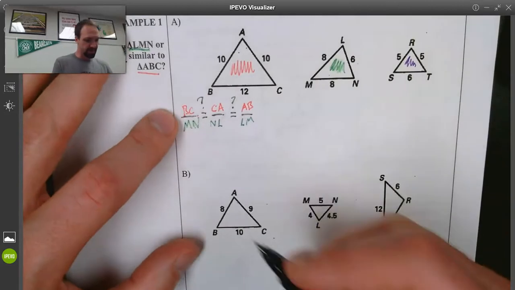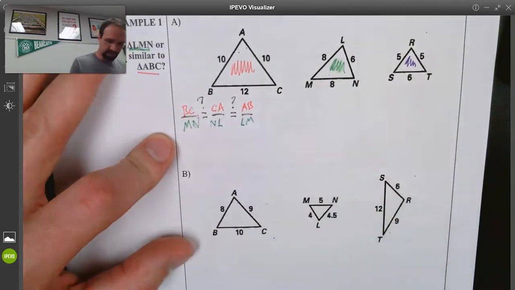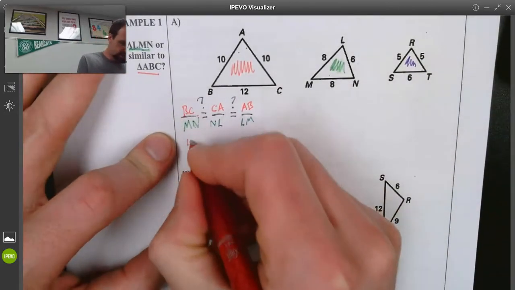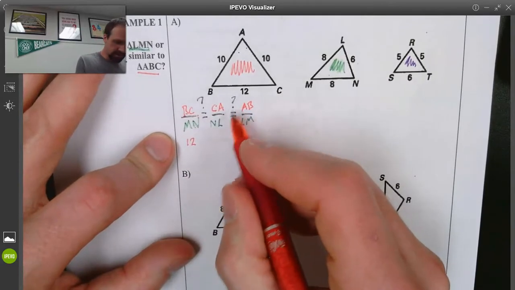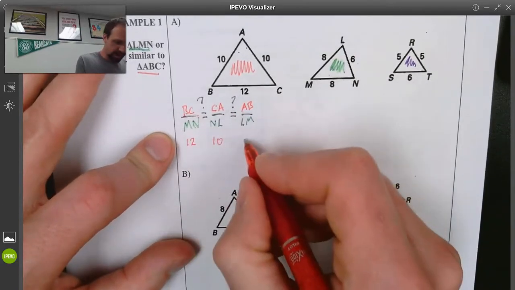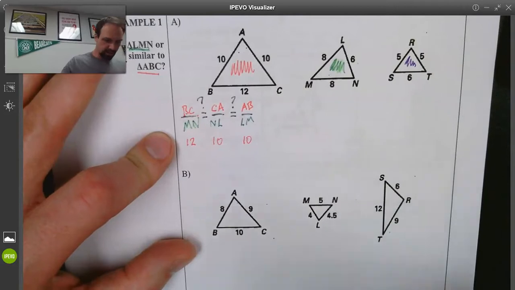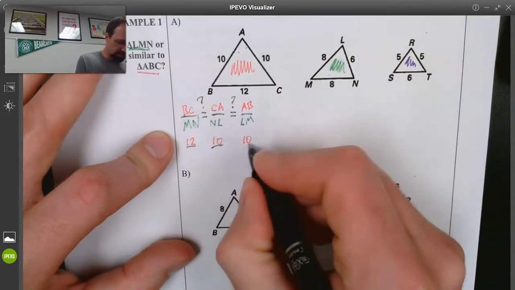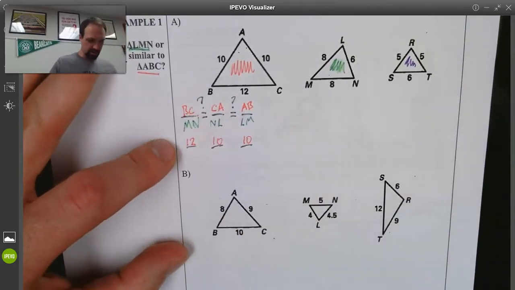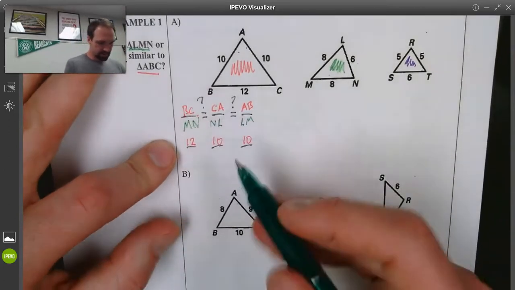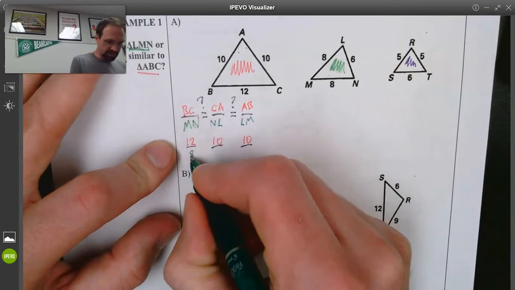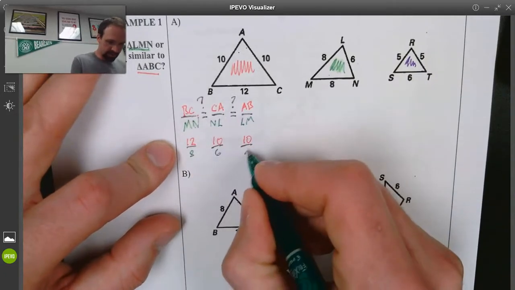So let's see, B to C, so that's going to be 12. C to A is 10, and then A to B is 10. So again, I'm checking to see if these are proportional. And then the green, let's see, M to N is 8, 6, and 8.